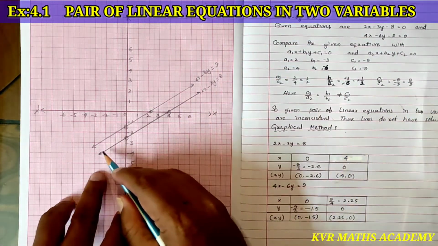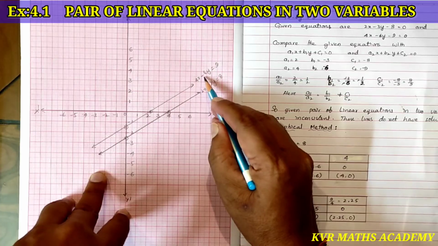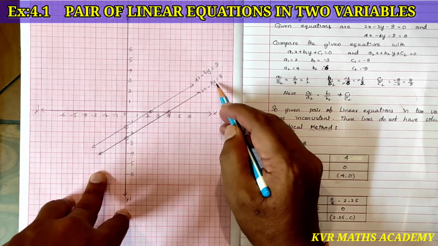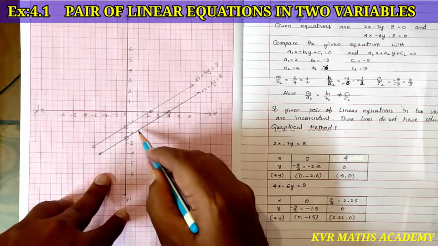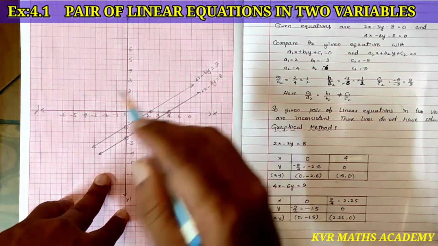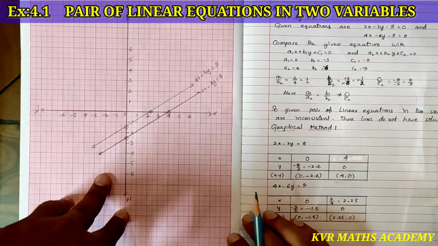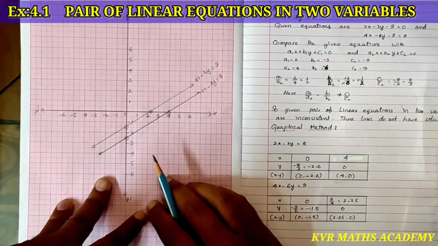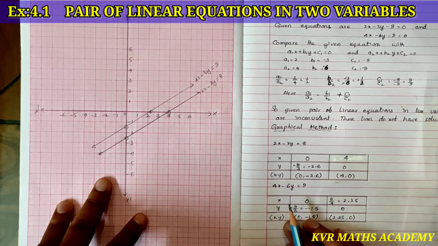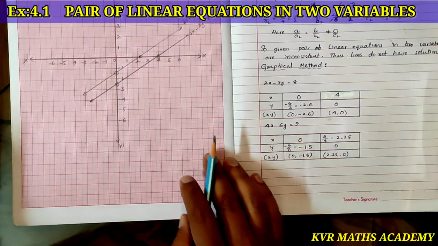See, observe carefully these 2 lines, 4x minus 6y is equal to 9 and 2x minus 3y is equal to 8. These 2 lines are parallel or not? Yes, exactly, these 2 are parallel. So from the graph we can clearly observe that the given 2 lines are parallel. Isn't it? So that is only, write down.